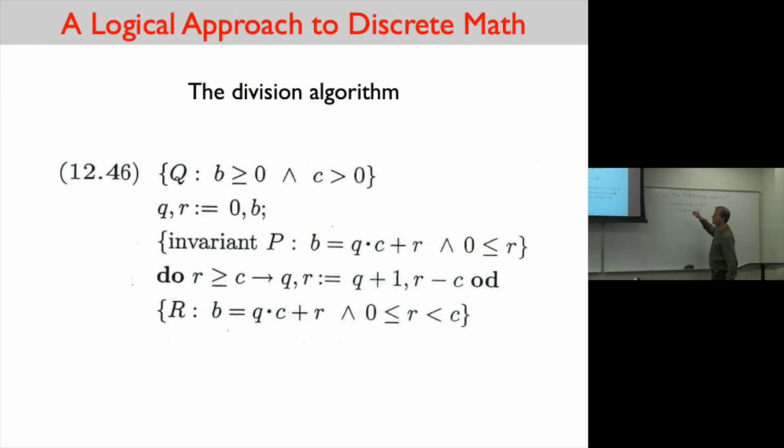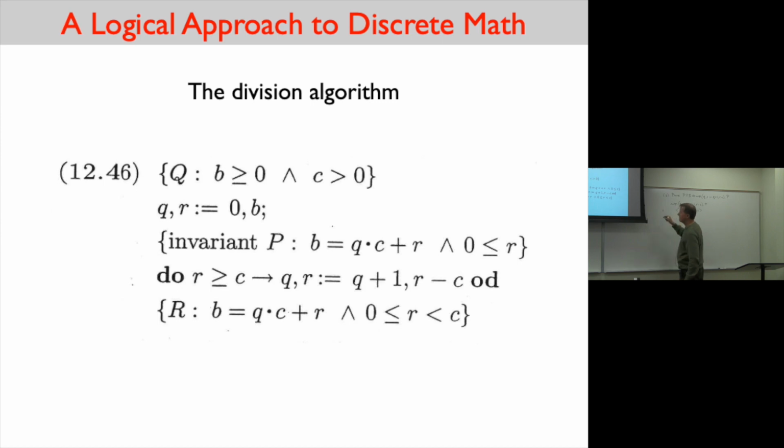Now, we got to go look at our P, right, which is this one now. And everywhere there is a Q, put a Q plus 1. And everywhere there's an R, put a what? R minus C. So what will that be?